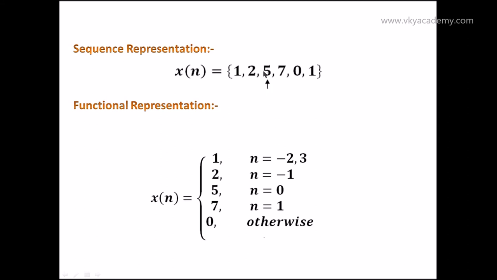At 0 position the amplitude is 5. Amplitude is 7 for n is equal to 1. So at first position my amplitude is 7. And we can write amplitude is equal to 0 for all other values of time, so we write here otherwise. So this is how we can show the functional representation of a given discrete time signal.